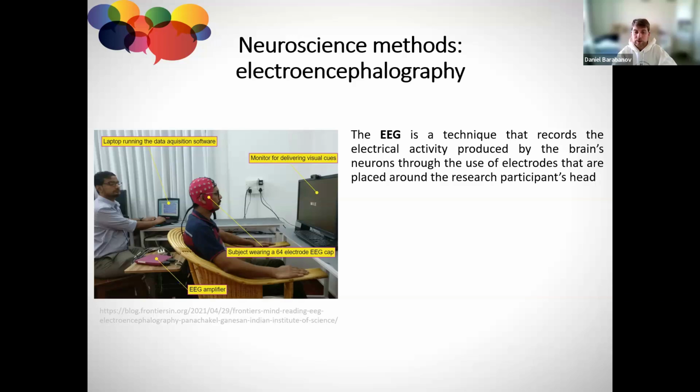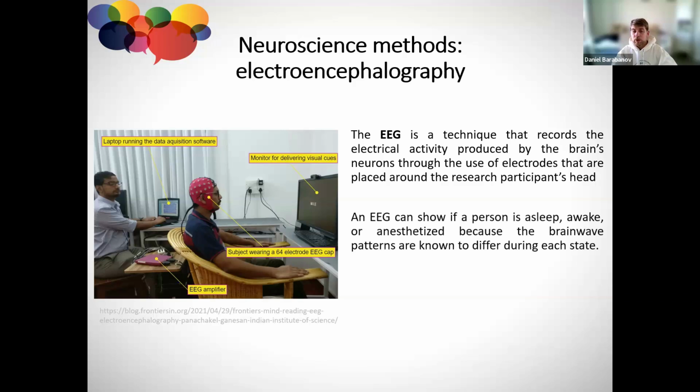EEG can show if a person is asleep, awake, or under anesthesia, because brain wave patterns are different. So it actually gives psychologists a lot of information about the internal states of their participants.